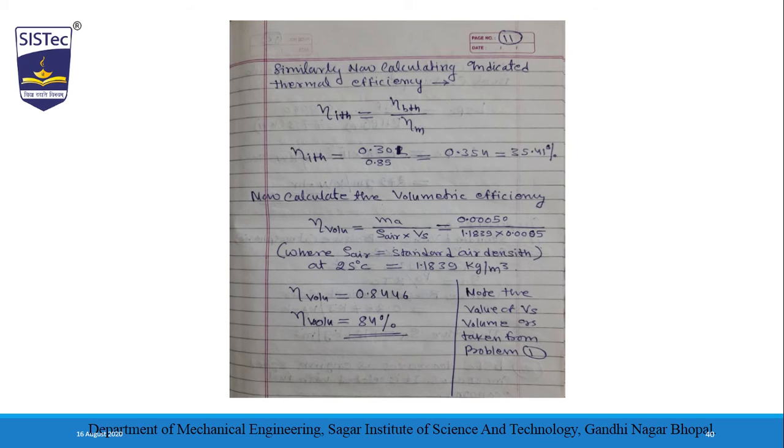The swept volume, as previously calculated, is 0.0005. So the volumetric efficiency after calculating all this is around 0.84, in percentage 84%.